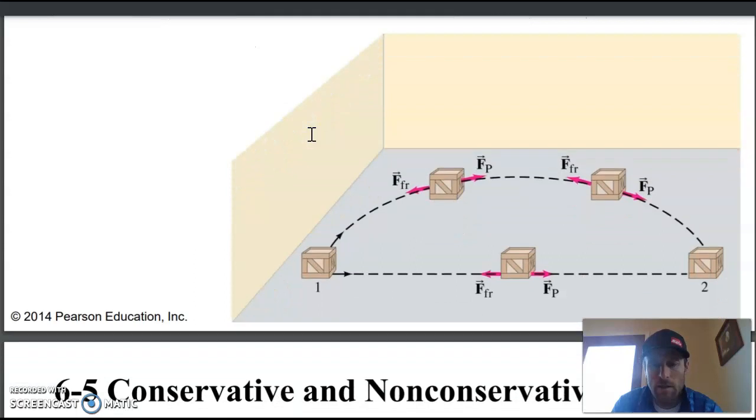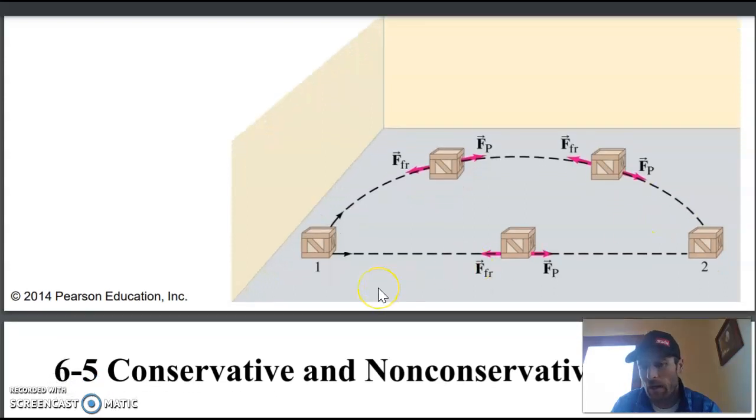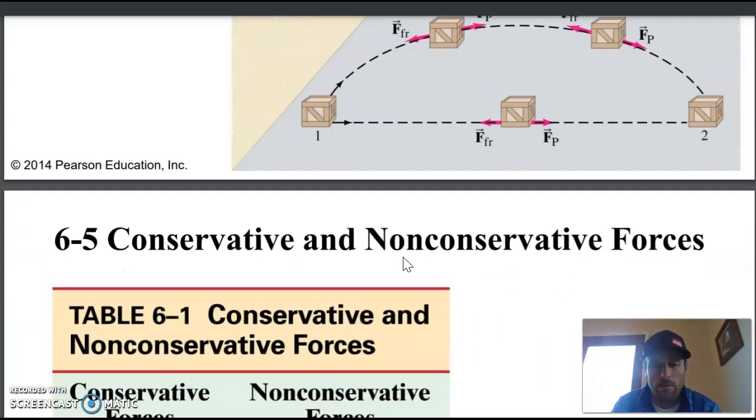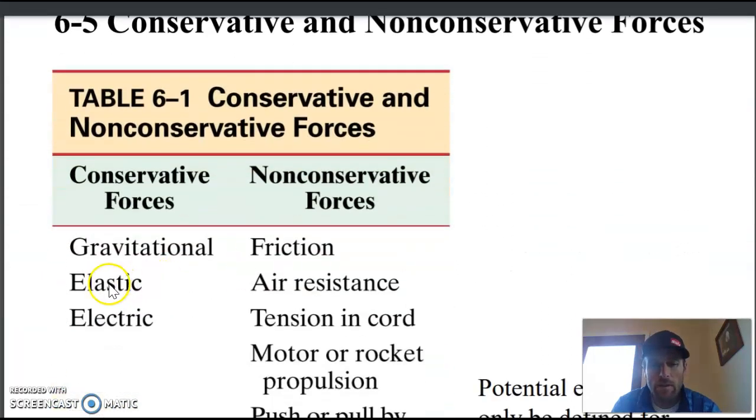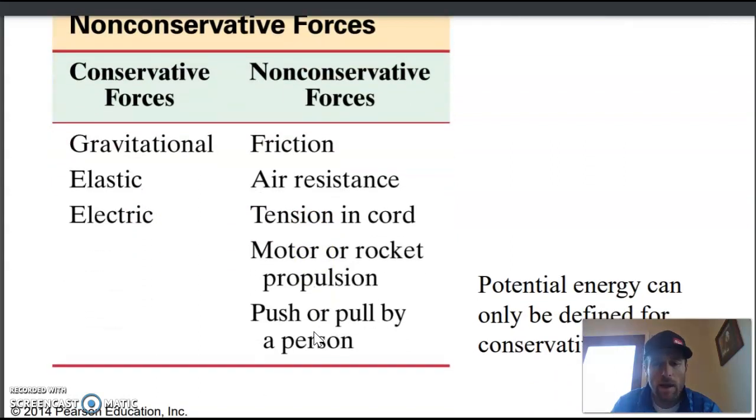The work that's done, if we have a bigger displacement here around this circular path, that distance is bigger and friction is acting the whole time. So with friction, if I want to not lose as much energy, I would take the shorter path. But with a lot of other forces like gravitational, elastic, and electric forces, the pathway we take doesn't necessarily matter.